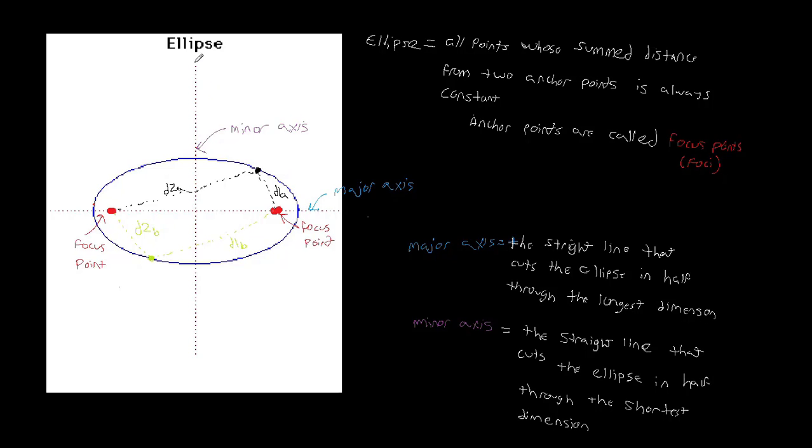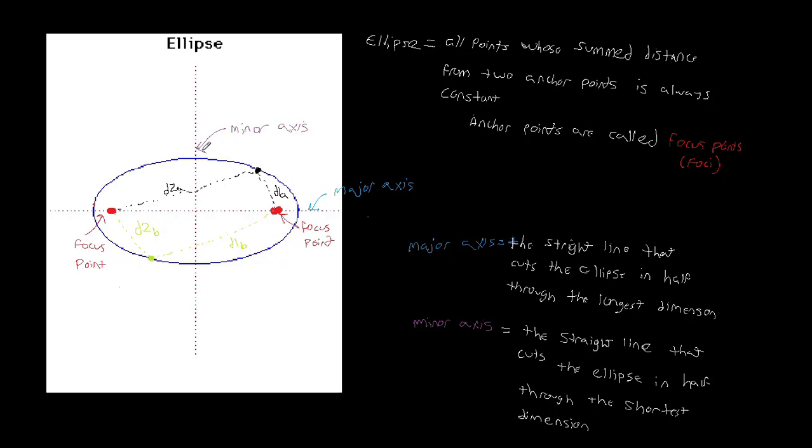And you can have a line that goes vertically that cuts the ellipse in half, left and right. We made the definitions that if the line cuts through the ellipse in the longer direction, then that line is the major axis. And if the line is cutting through it in the shorter direction, then that line is the minor axis.